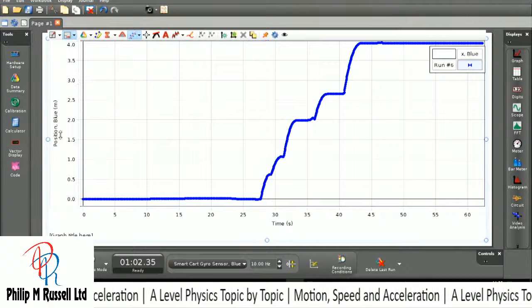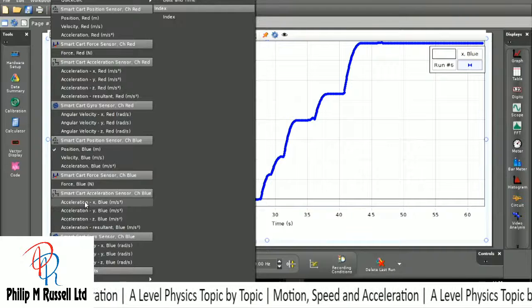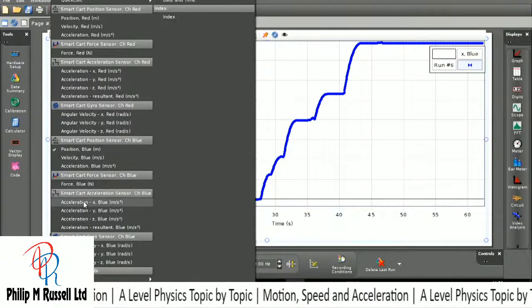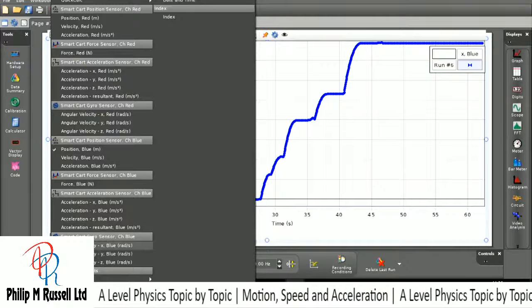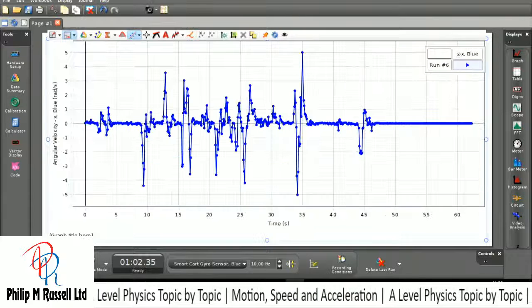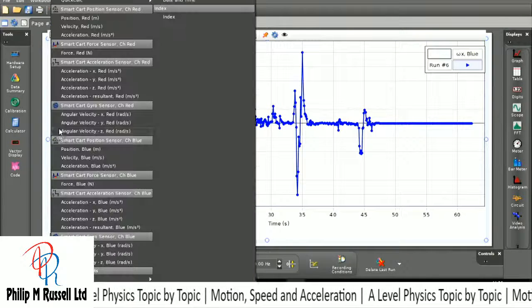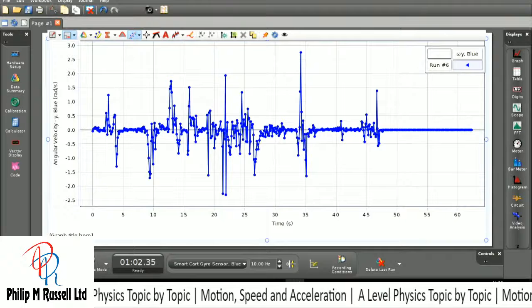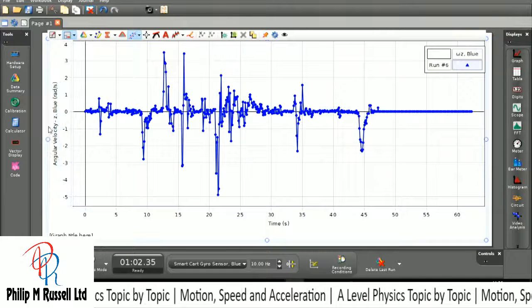We can choose to work out my acceleration in a particular direction, and we can record my angular velocity, in one direction or another direction or another direction.